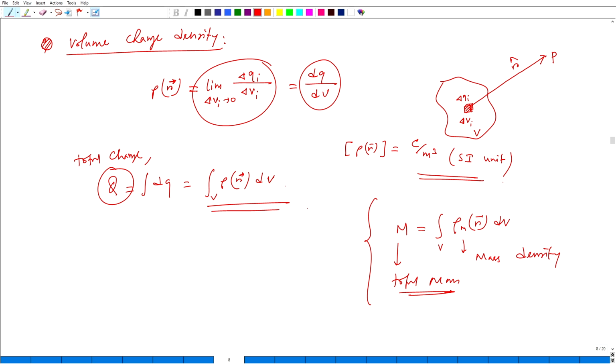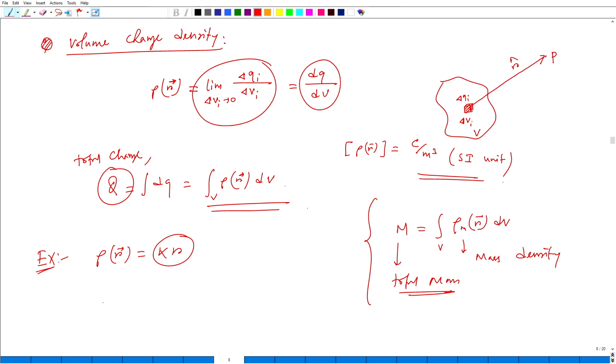So, let us do a quick example. Suppose rho of r equals k r, varying linearly with the distance r.